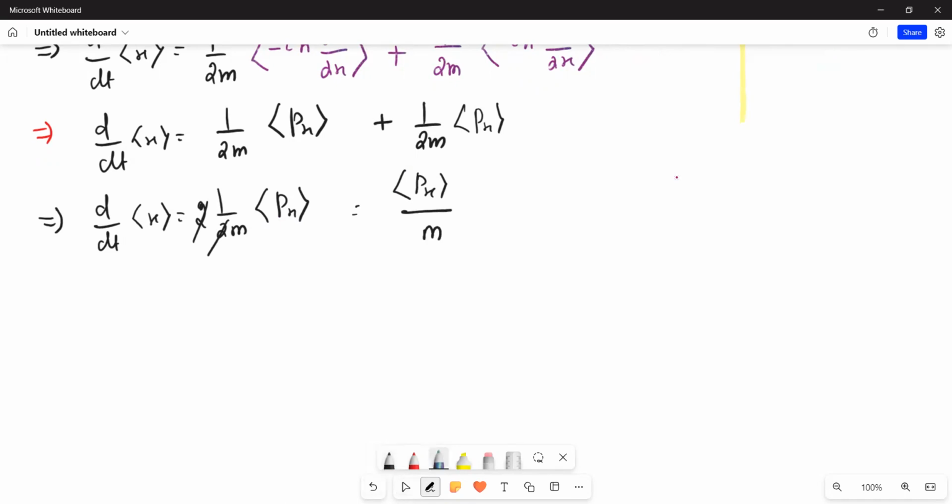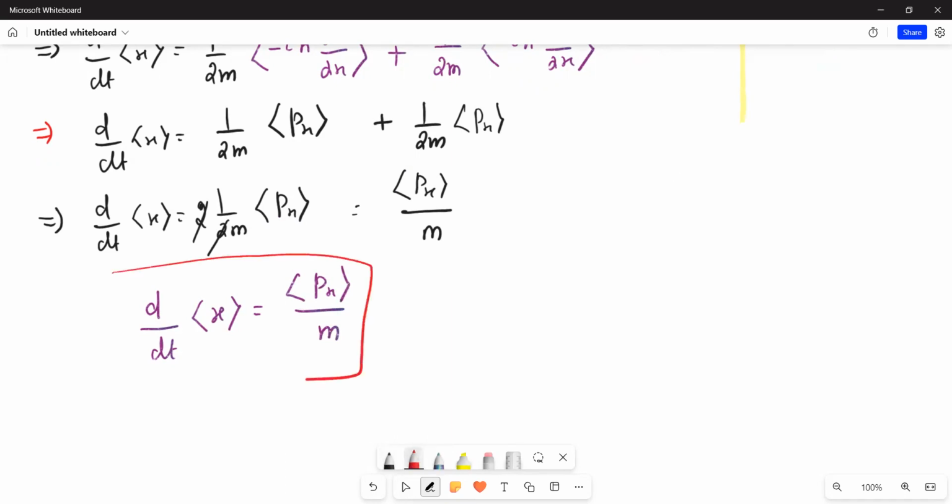So finally, we can write d by dt of the expectation value of x is nothing but the expectation value of px by m. This is what? This is the proof of the first equation for the Ehrenfest theorem, right?